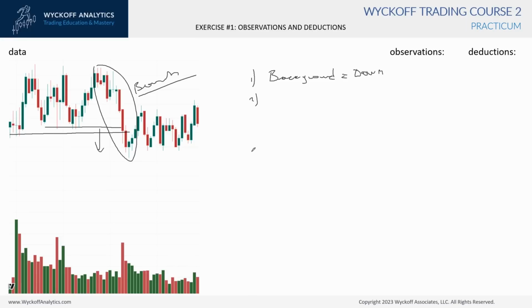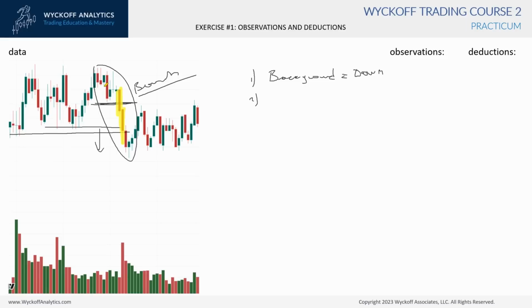Okay, secondly, where is our break of the previous structure? Where did it happen? I mean, you could make an argument that it happened in 2 places. I would probably go for the breakdown that happens on the two most important breakdown bars right here, right?